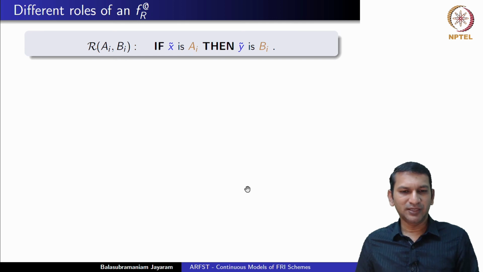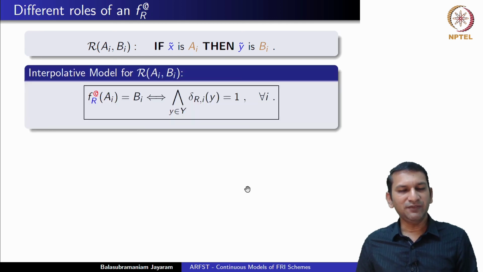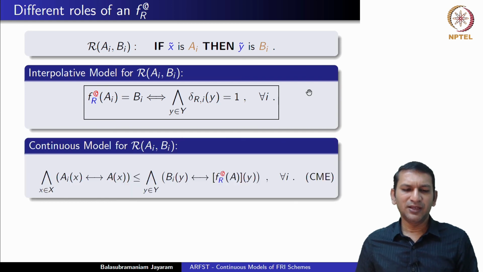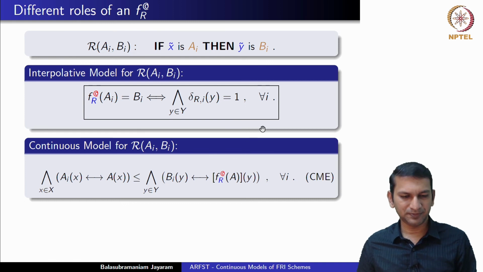Given a rule base, we have an alternative interpretation of an interpolative model. So we say that the corresponding FRI, because this is the adjoint function of an FRI, is interpolative if and only if this is valid for every i. And similarly, we can say the adjoint function of an FRI is a continuous model for a given rule base if this inequality is valid.